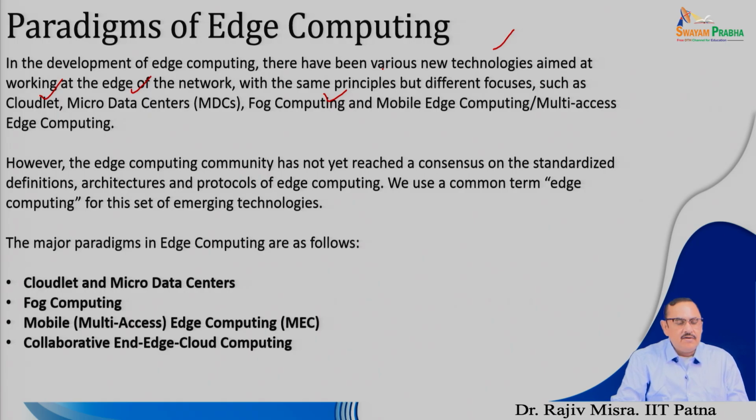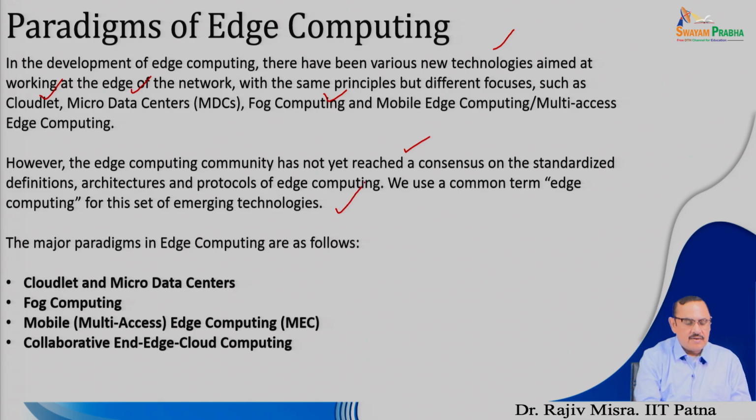So, they become different paradigms of edge computing. However, the edge computing community has not reached any consensus on the standardization of the definition, architectures, and protocols for edge computing. Therefore, here we are discussing a common term, edge computing, and this is still an emerging technology.